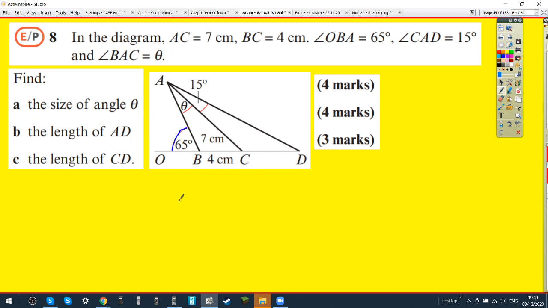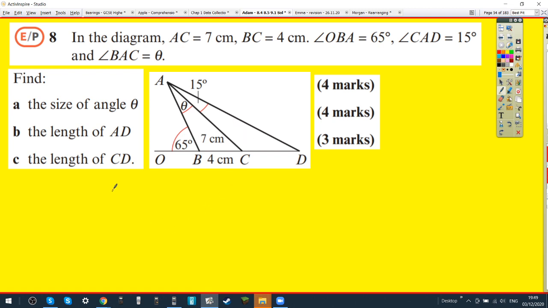Yeah. So one answer could be 65, and then the other answer, because it's on a straight line, would be 180 minus 65, and it's because they're both opposite AD.